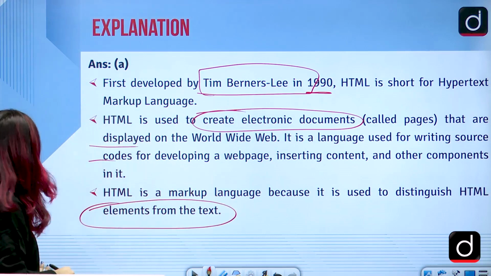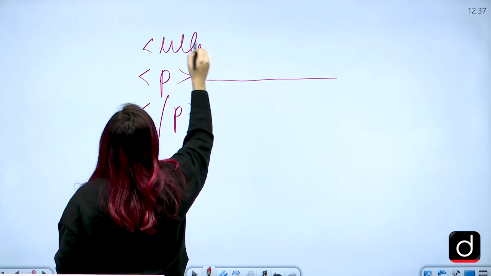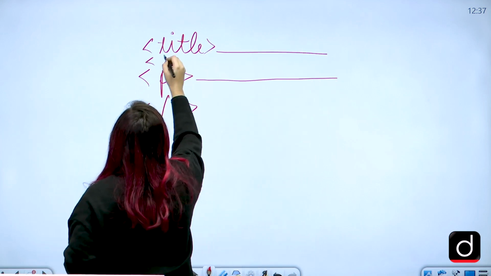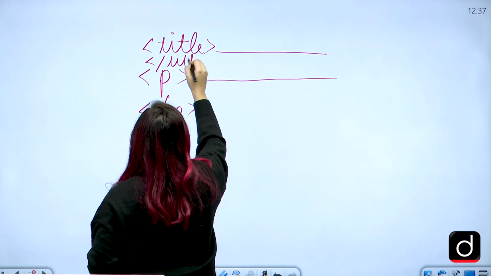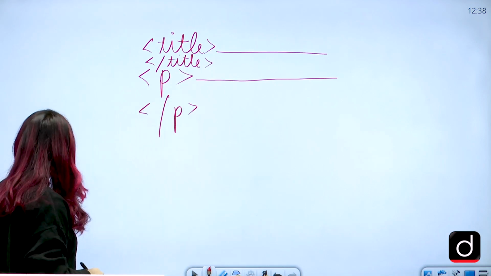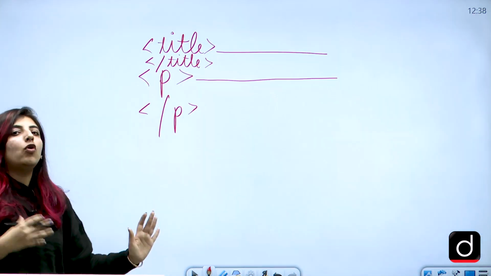Even if we want to create a title page, first of all we are going to see what will be the title. We will fill in the title here and then close it like this, correct?